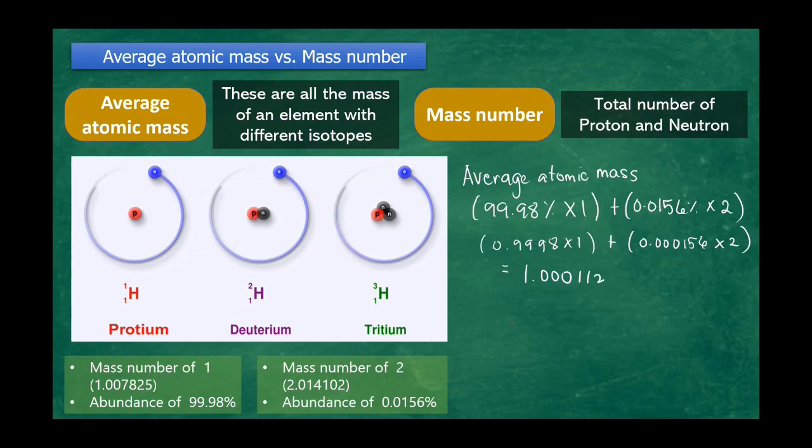So this is just how we compute it on the surface, but when scientists use experimentation and want to find the accuracy and precision, we will use 1.007825 and 2.014102.